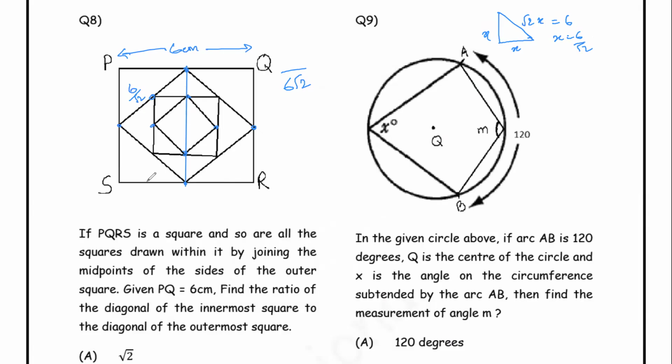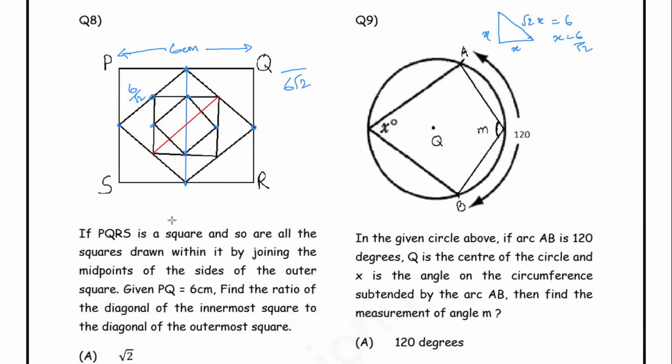Now, if you see the diagonal of the third square inside, yeah, there are four squares. First is the outermost square, second inner, third inner, and the fourth innermost, like that.